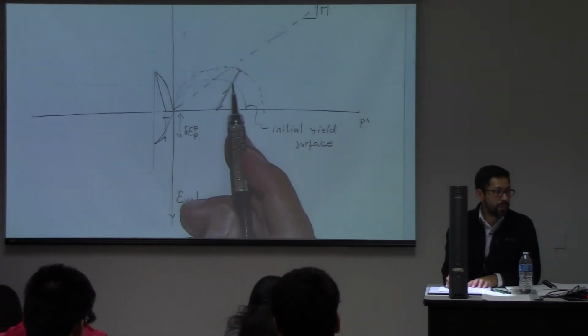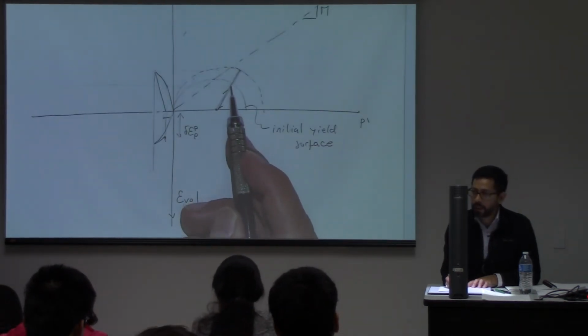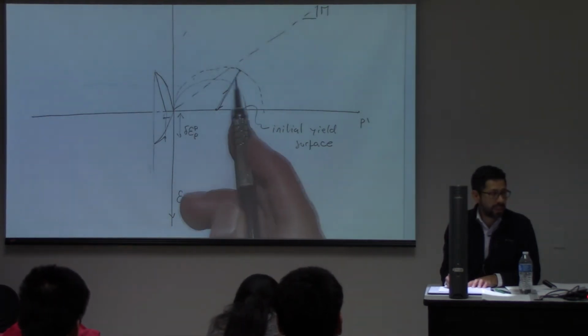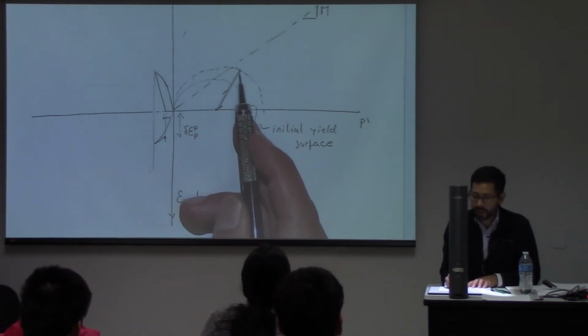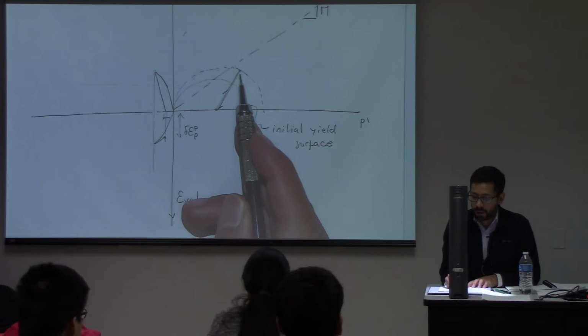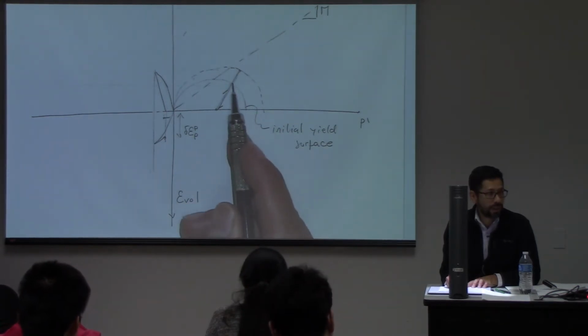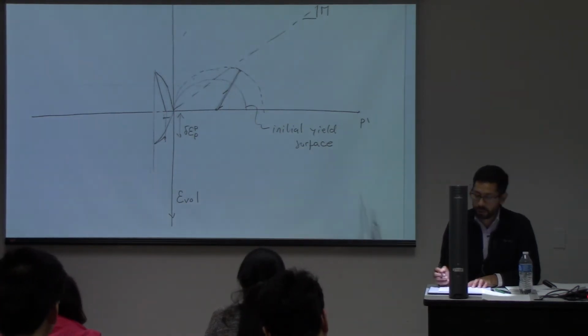Because you went past that point and you cannot come back from that. Because you have this additional plastic strain, now your material has hardened because going through that, and now your new yield surface is going to be there. It's not going to be the one that was here before.